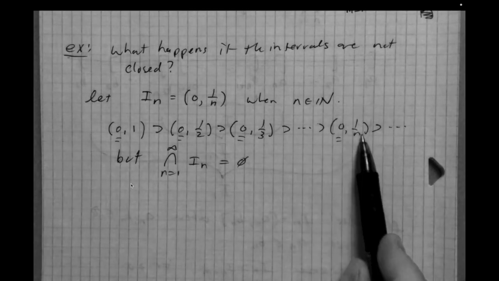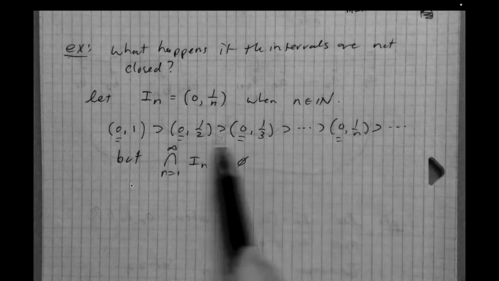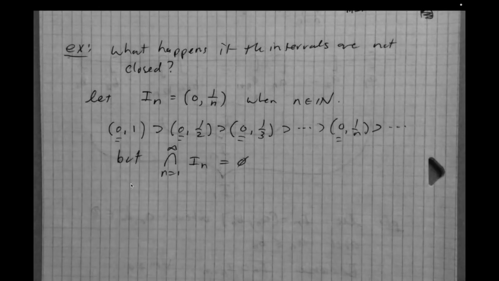Because obviously the right-hand endpoint is just going to shrink down until it's very, very close to 0, right? But the fact that the interval is not closed means that 0, while it's the only one that could even possibly be in all of these, is actually in none of them, right?